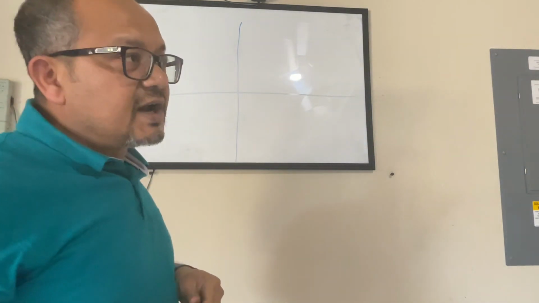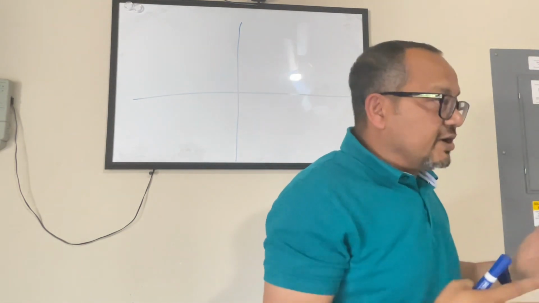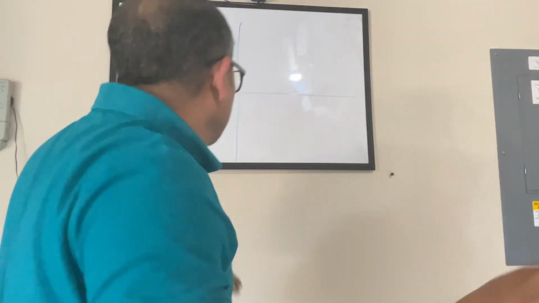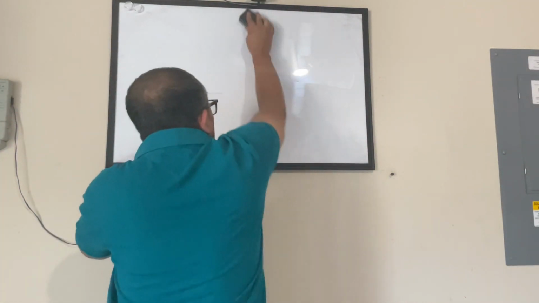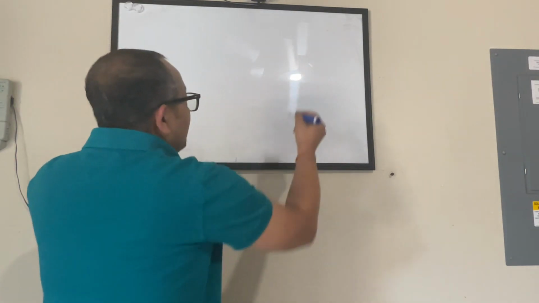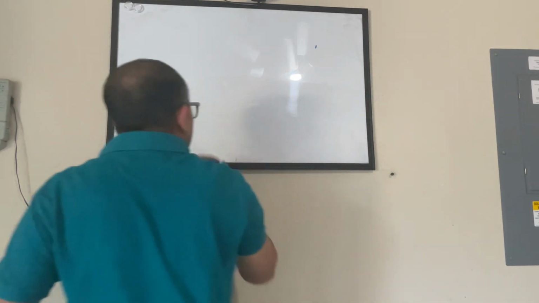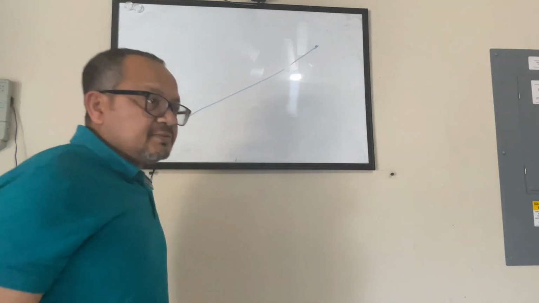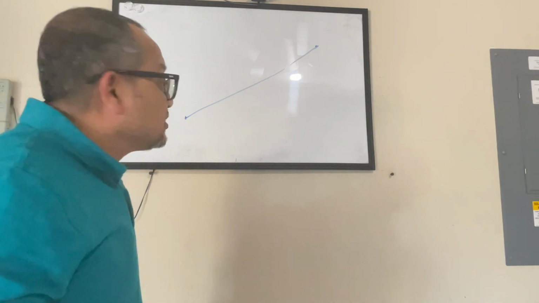Again, why do we need a graph? Because graph gives us the ability to locate points. If you imagine that these 2 lines were not there, if I say a point here and a point here, joining them will make a line. I'm still talking here.